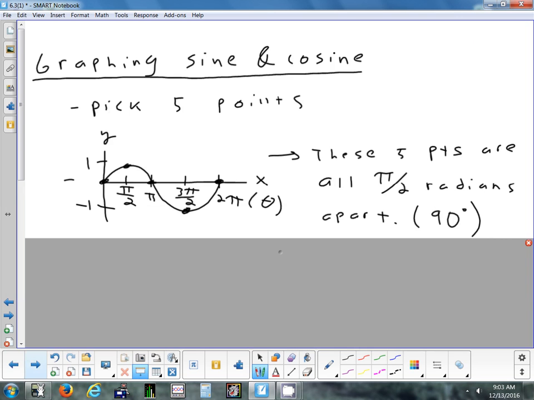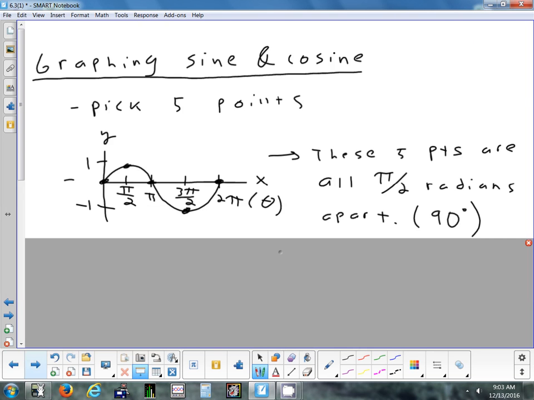The 5 points you generally want to find are where the function starts and stops. That's 2, at least for that cycle, for that period. We'll find the high point, the low point, and then where it crosses the x-axis. And those 5 points are all equally spaced. They're spaced every 90 degrees.